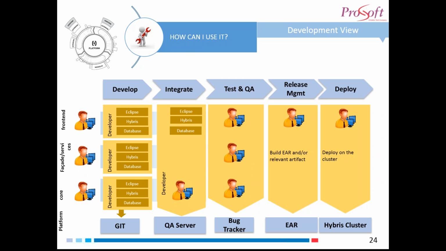No need to show that. For release management, we build an EAR or any relevant artifact, and put it on a Hybris cluster. So from the development side, this is it, but follow what needs to be done for persistence and for a service, and we'll go from there.